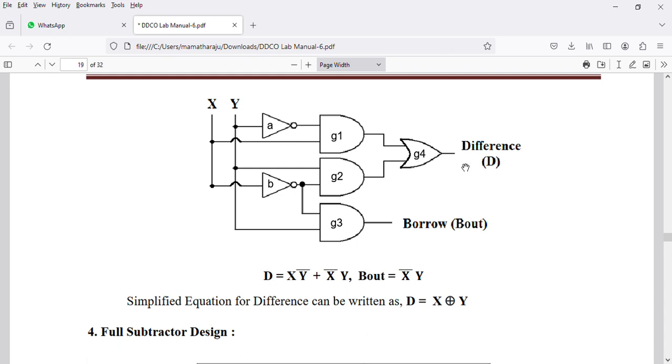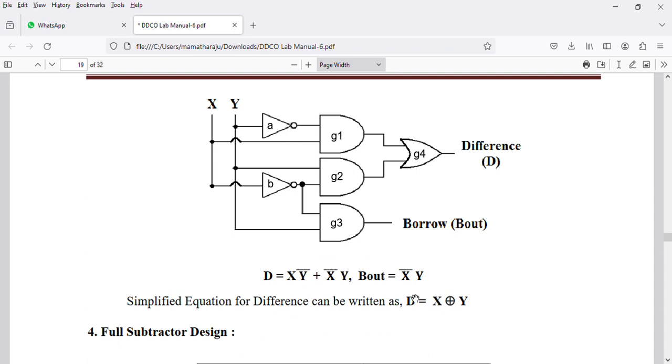We get the difference equation, that is X XOR Y. Instead of all this lengthy computation using so many gates, we can use a single XOR gate, which makes our logic circuit look simpler.